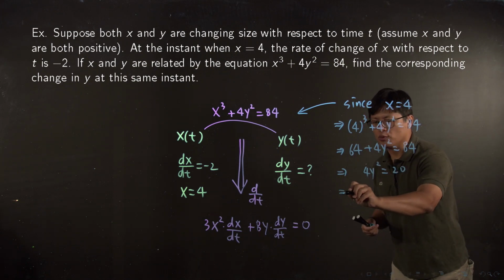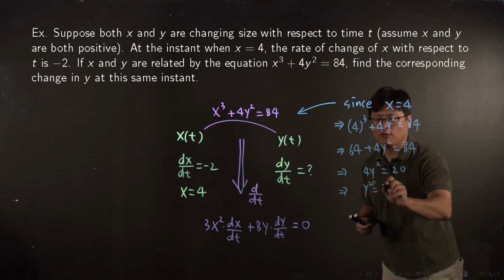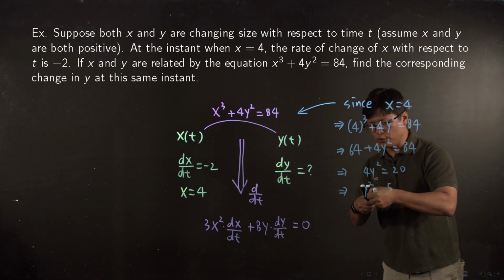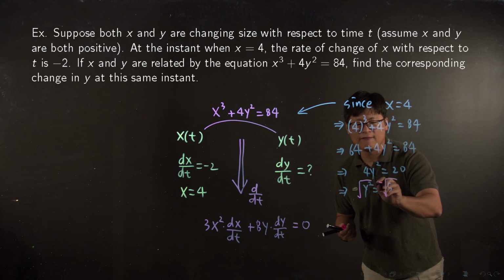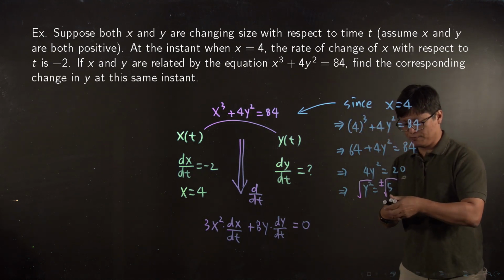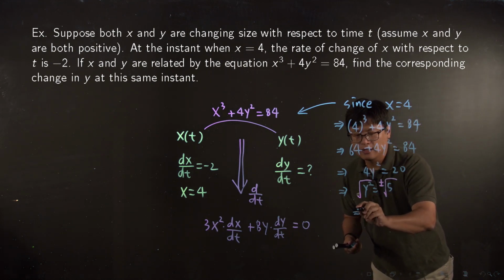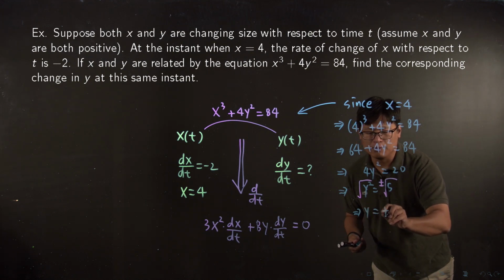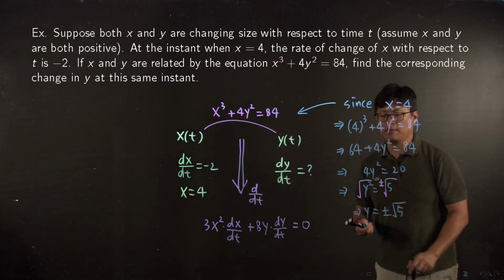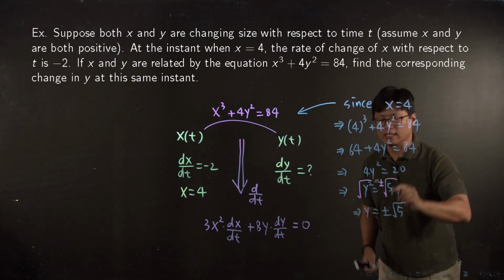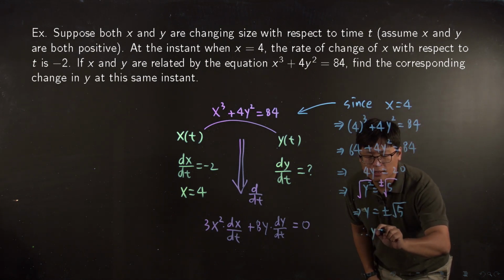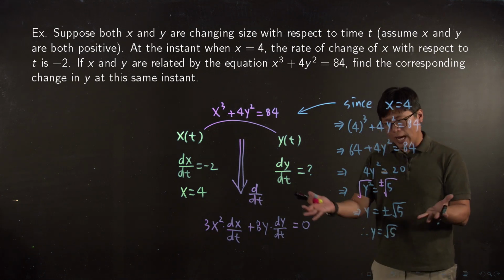And divide by 4 on both sides, then y squared equal to 5. And take the square root on both sides. But keep that in mind, whenever you take the square root, you must have plus and minus sign, right? So I can say your y is equal to plus and minus square root of 5, okay? But in the problem, we assume your x and y are both positive. So we're going to take the positive only, okay?